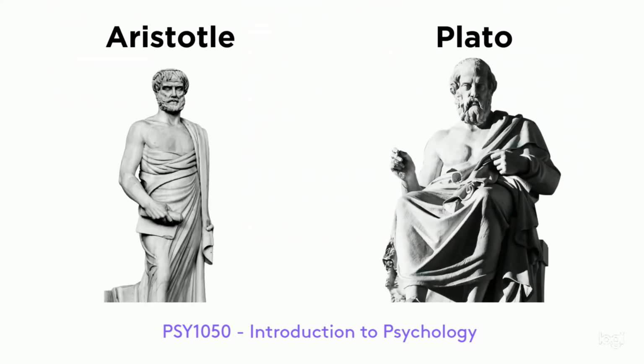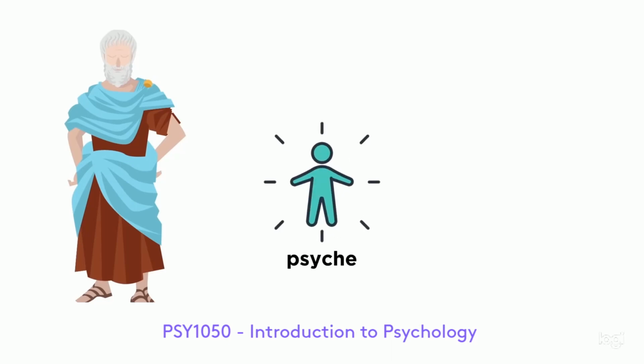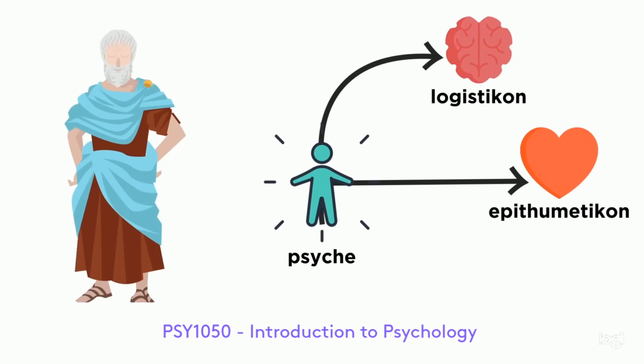They created theories attempting to explain how the mind works and what causes human behavior. Plato, for example, believed that the soul, or psyche, had three parts: the intellectual part, or logistikon, the part that focused on wants and desires, or epithumetikon, and the emotional part, or thumoeides.